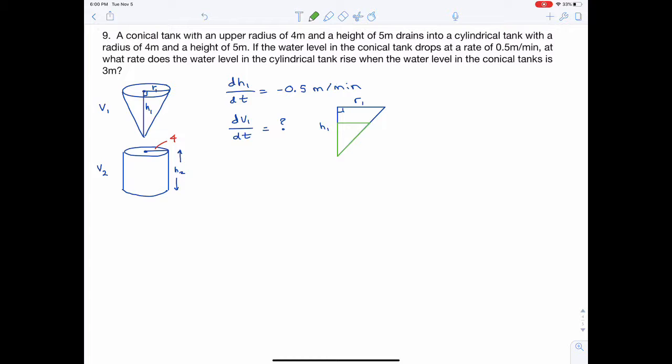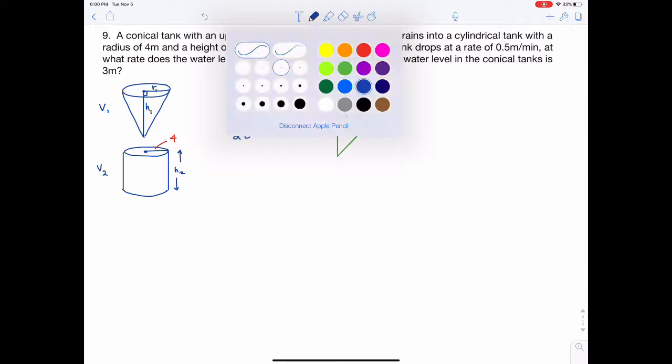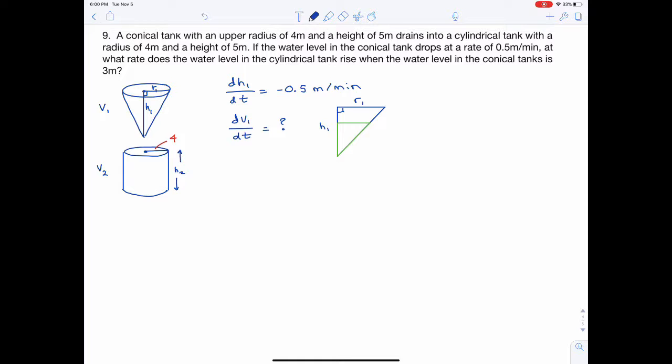So I'm going to use some ratios here. To relate R and H, I'm going to say the radius is to the height, and they gave us some numbers. They said the radius is 4, the height is 5. So I can say the radius is 4/5 the height.